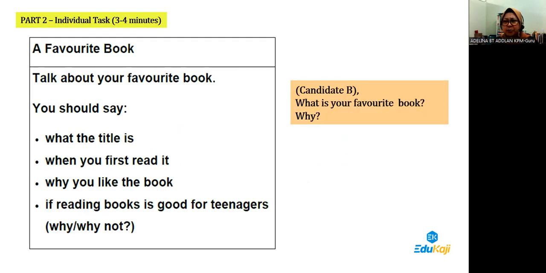Now, in part two, the task becomes a little bit more difficult, because this is more of an individual task. For both students, it would take around 3 to 4 minutes. And my advice is, usually for individual tasks, students will be given a topic to talk about, and bullets of questions that students can use as a reference.